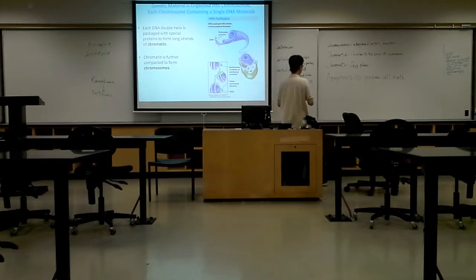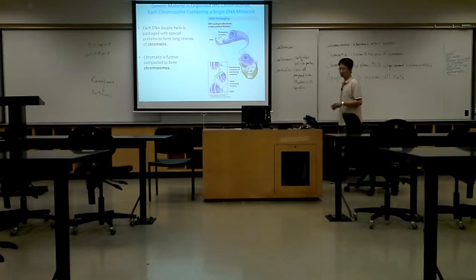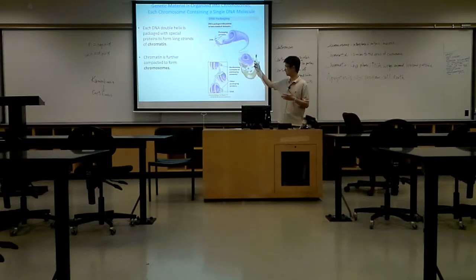So chromatin is DNA wrapped around histone protein. When DNA is wrapping around this purple ball, the histone protein, then they form something called chromatin.